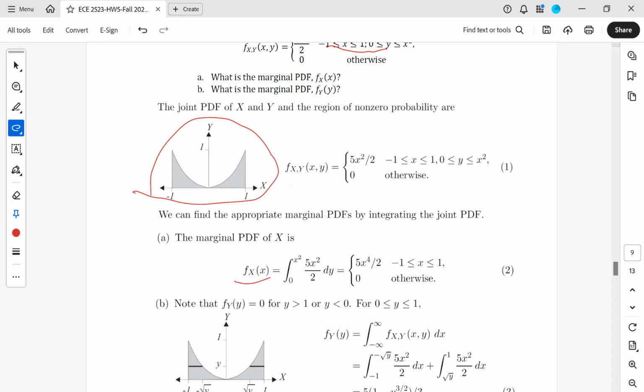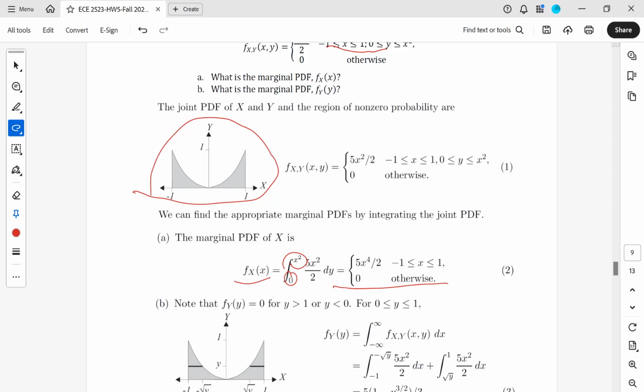We know that y is changing from 0, the lower limit, and the upper limit based on the PDF is x squared. So when you do the integral over y, y changes from 0 to x squared. That way, you get your marginal PDF over x.